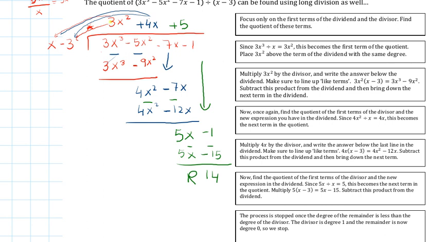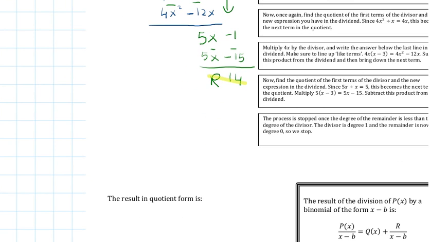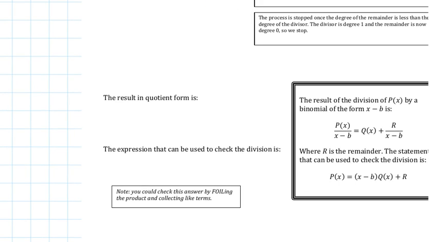So the quotient is 3x squared plus 4x plus 5. The remainder is 14. Let's see how we're going to write this in quotient form. In the quotient form, you're going to write your polynomial divided by your binomial.